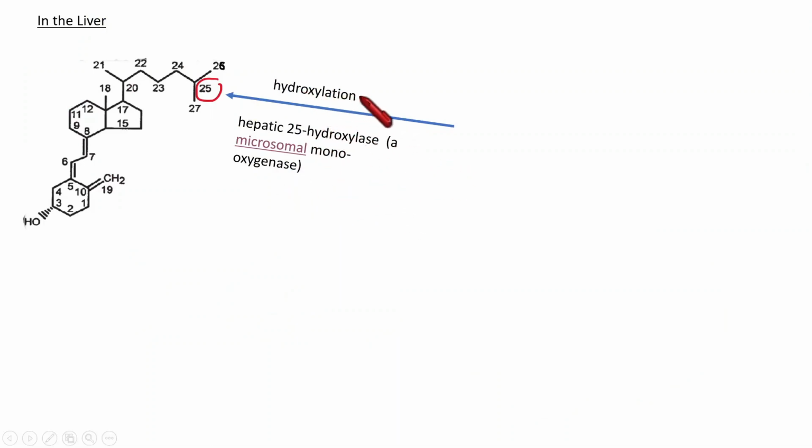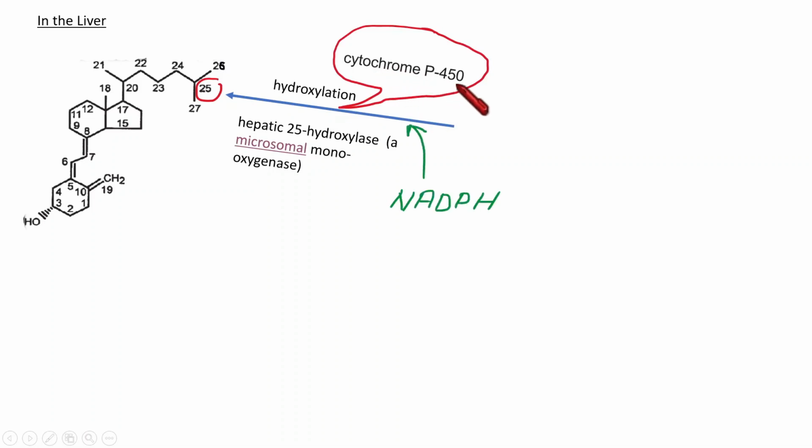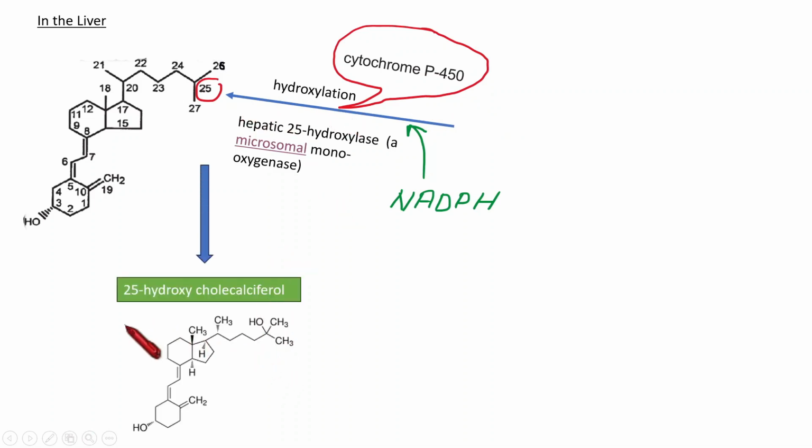For this hydroxylation, some other proteins are also required, that is cytochrome P450, and along with that, one molecule of NADPH. This cytochrome P450 also is a part of that membrane-bound enzyme system in the membrane of microsomes. Because of that hydroxylation, 25 hydroxycholecalciferol is formed.